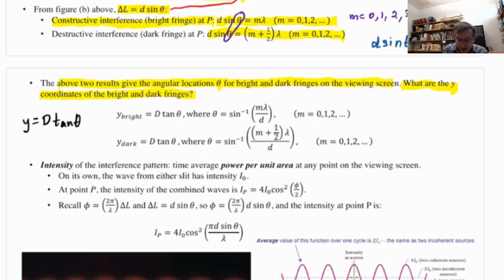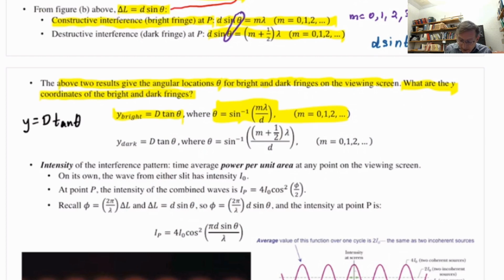So if you want to know the y value for a bright fringe, you'll use big D tan theta, but you'll get your theta from the expression for a bright fringe: little d sine theta equals m times lambda. So theta is the inverse sine of m times lambda over little d.